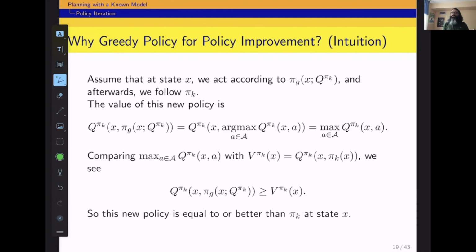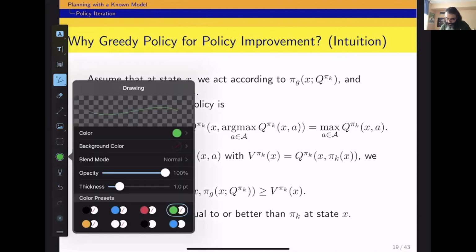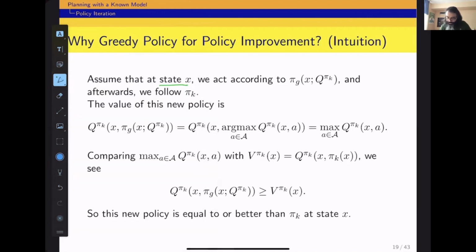continue with gaining some intuition about why the greedy policy is a proper way of improving a policy. This is at the intuitive level. Suppose we are at the state x, and then we act greedily according to q of pi k.